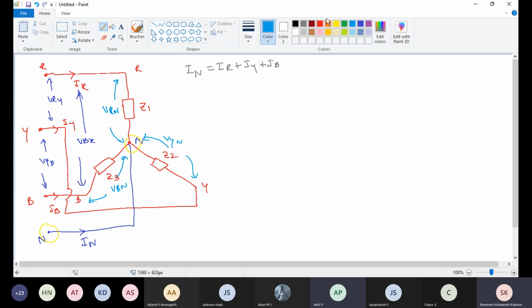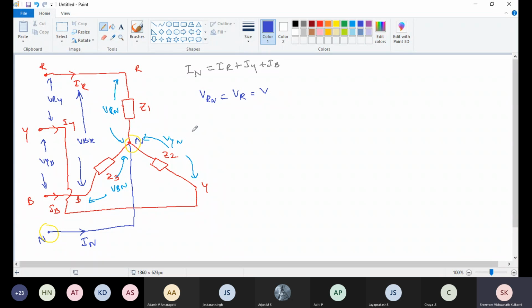Now I'll write the equation for phase voltages as VRN, or simply V phase.